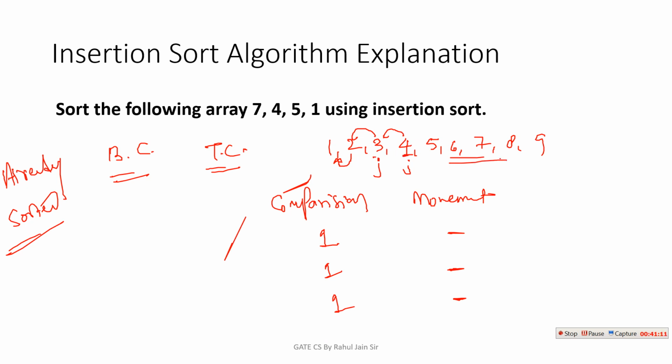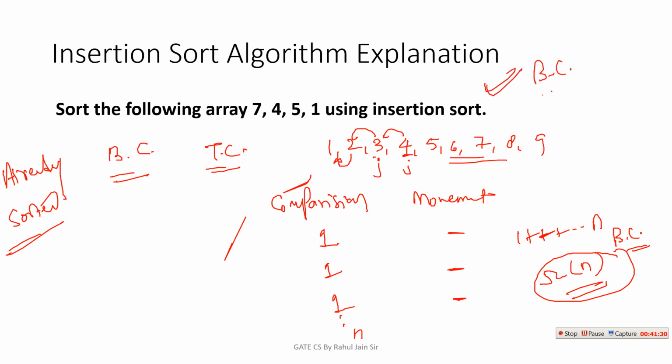Every element is in its right position, so up to n times we need to add, and no movement is there, so 1 plus 1 plus 1 up to n times. So omega of n is the best case time complexity of insertion sort.